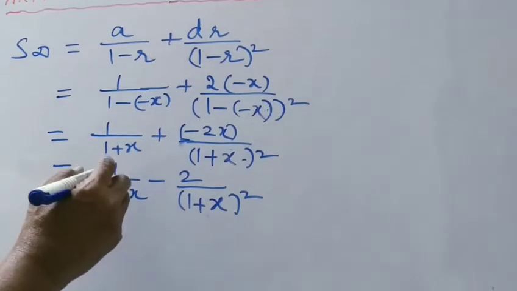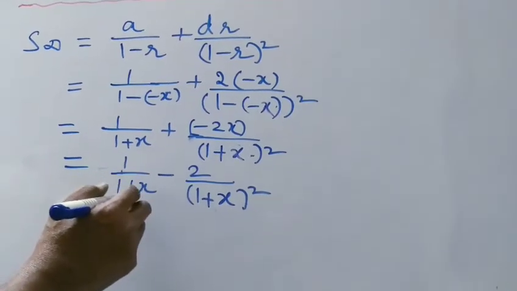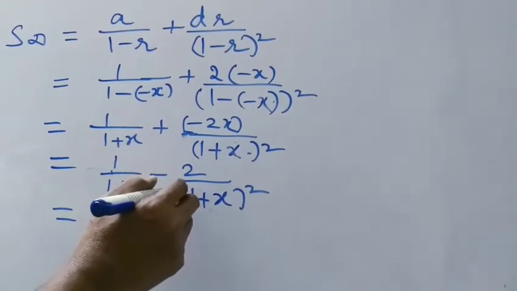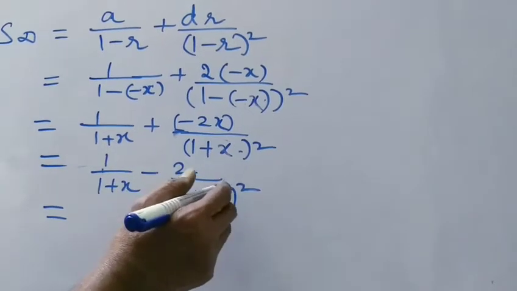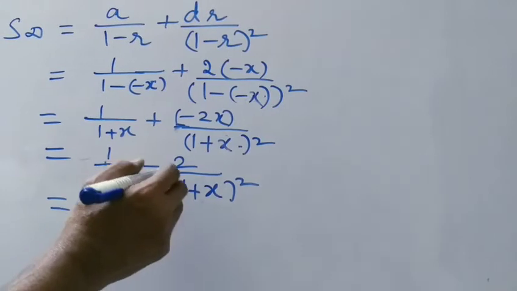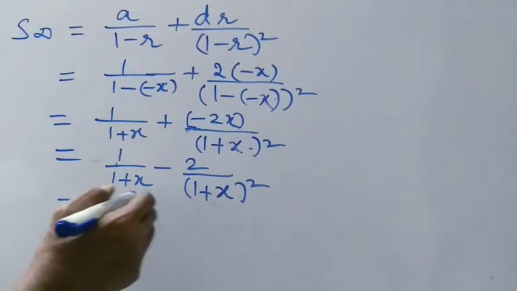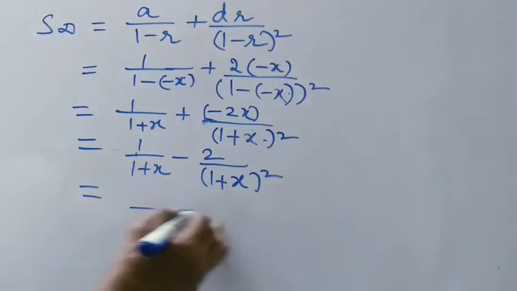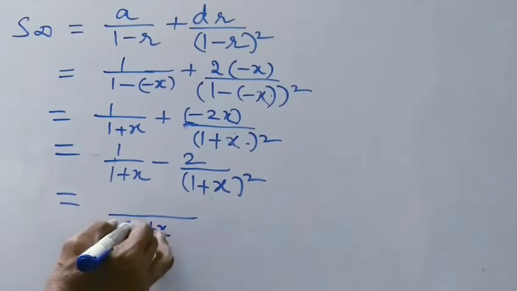So the first fraction is 1 by 1 plus x and the second fraction is 2 by (1 plus x) whole square. LCM of these two fractions is (1 plus x) whole square.